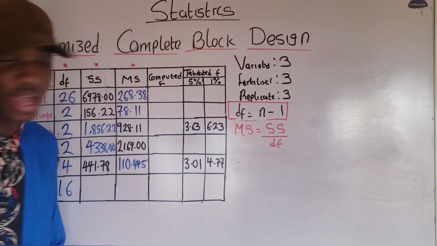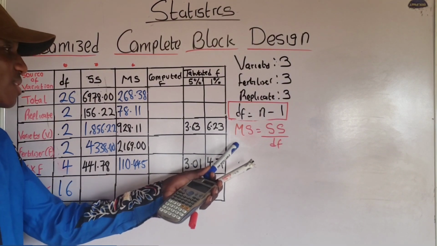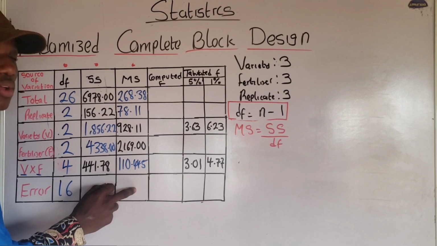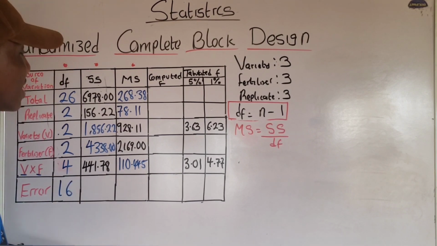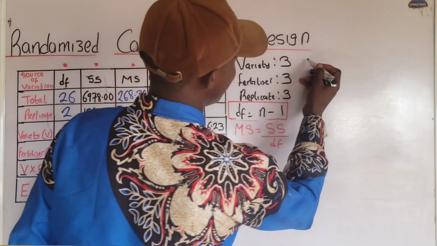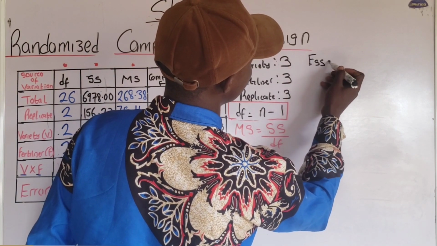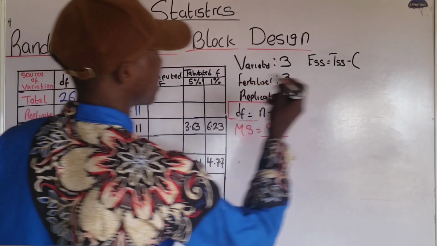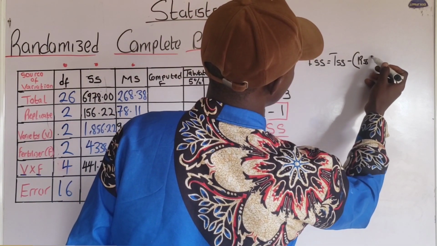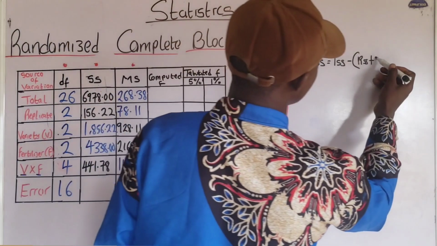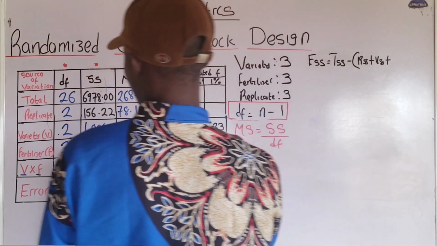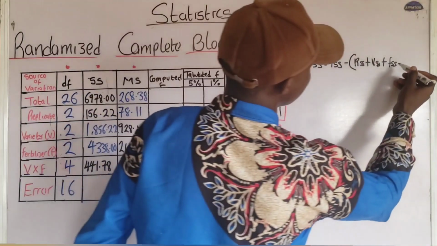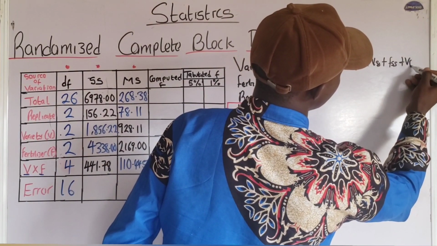Since you know that mean square is sum of square over degree of freedom, we cannot determine the value of the error mean square without knowing the sum of squared. So we have to determine the error sum of squared. Error sum of squared is equal to the total sum of squared minus the replicate sum of squared plus variety sum of squared plus fertilizer sum of squared plus variety fertilizer sum of squared.